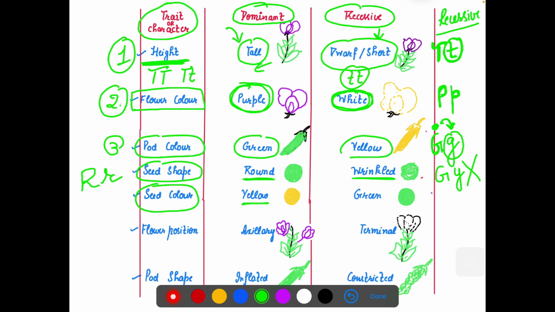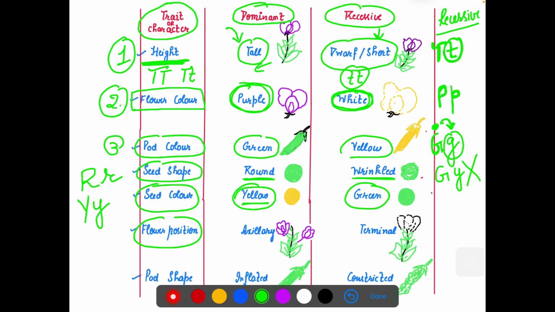Now you people will say, ma'am, usually we have seen the green color, right? But he said that green is the recessive trait and yellow seed color is the dominant trait. So Y for yellow and small y for green.